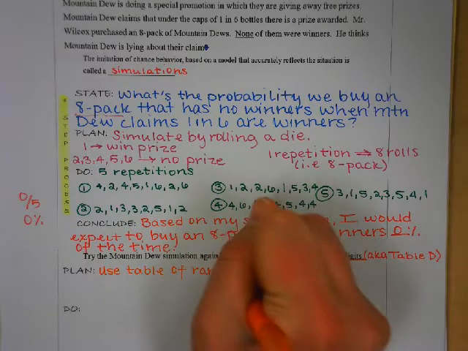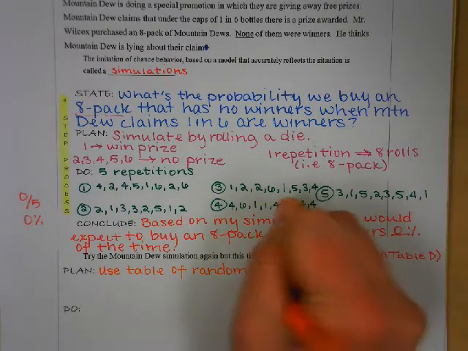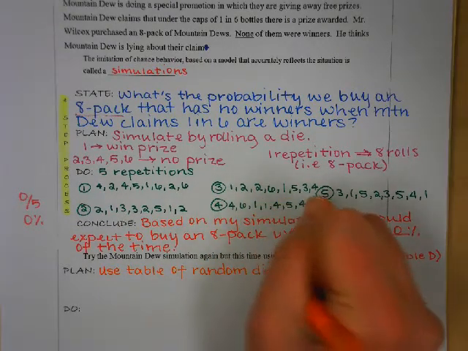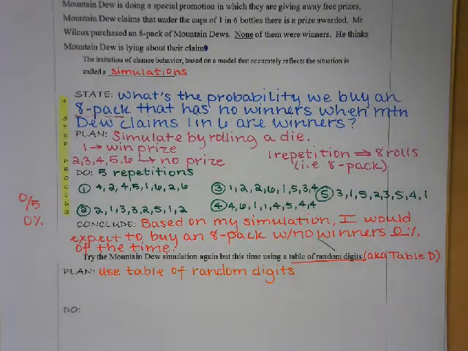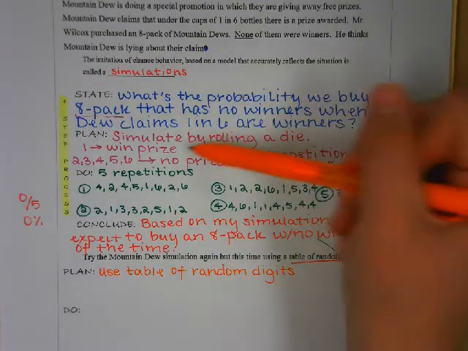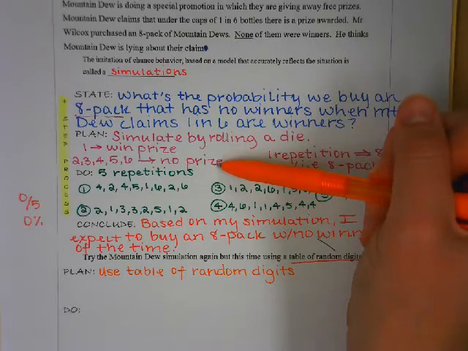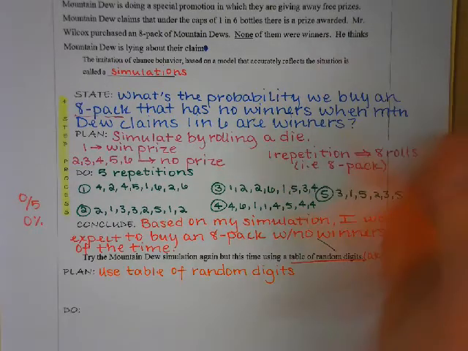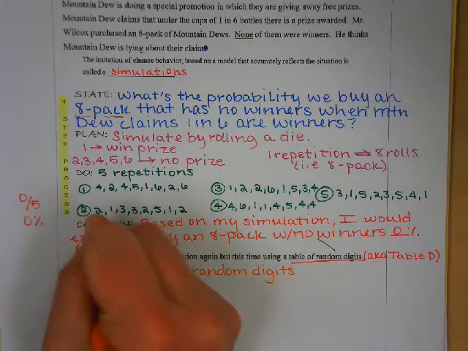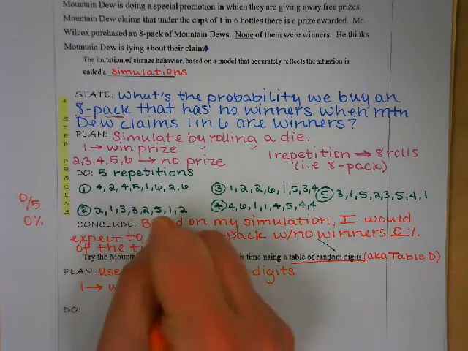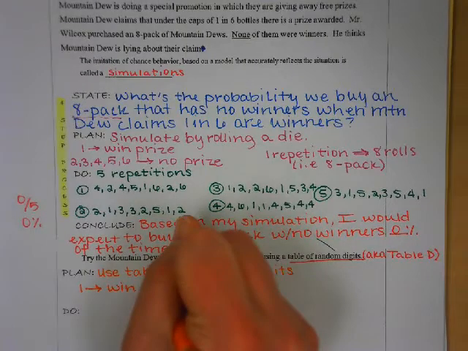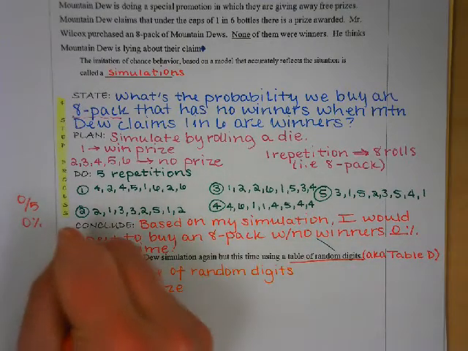And then we have to specify what number is a winner, what numbers are not winners. I want to continue with this just for continuity. So I'm going to say that 1 means we get the prize. And 2, 3, 4, 5, and 6 mean no prize.